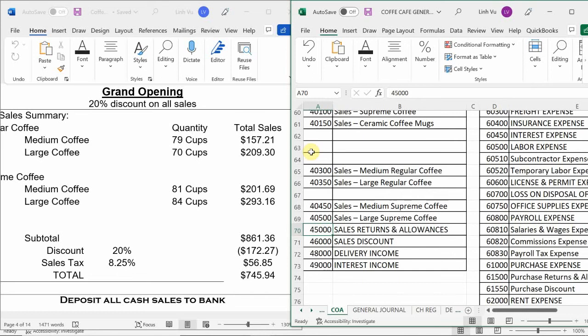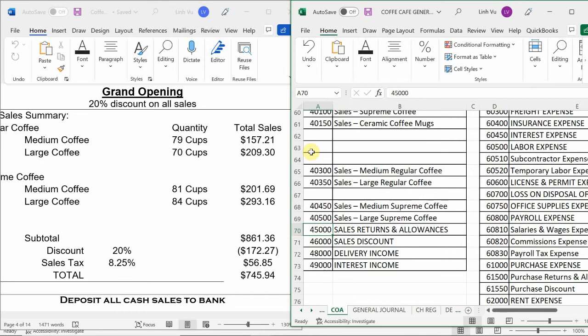Exactly. We are itemizing our sales. We're not just going to shove it all into one account because I want to know at the end of the day how many cups, which coffee is popular, which cup is popular.